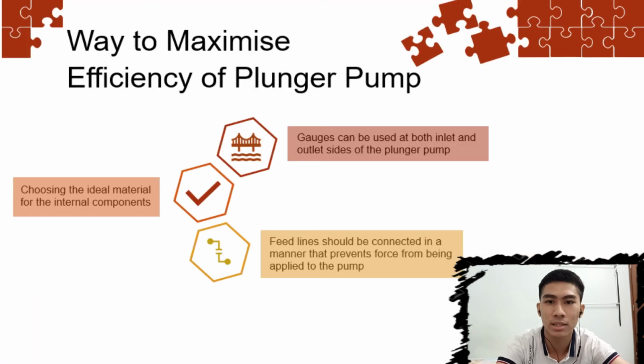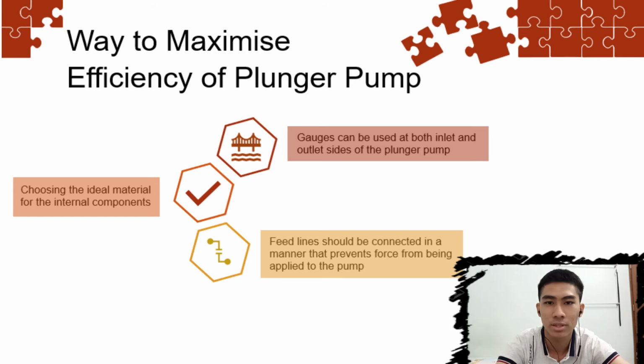To maximize the efficiency of plunger pump, gauges can be used at both inlet and outlet sides of the plunger pump. This serves as an early warning sign of wear or poor performance that might be caused by blockage or system anomalies.